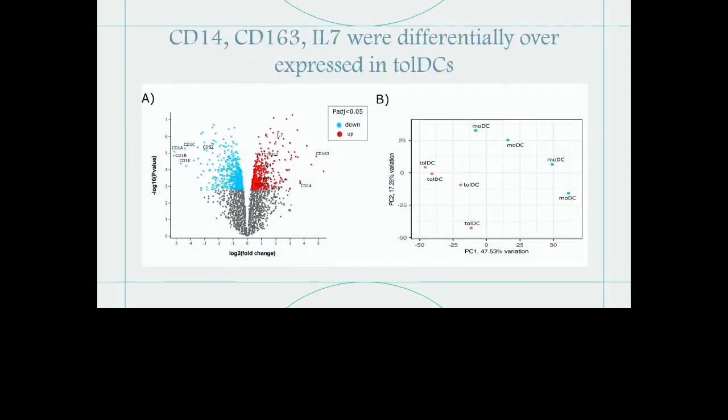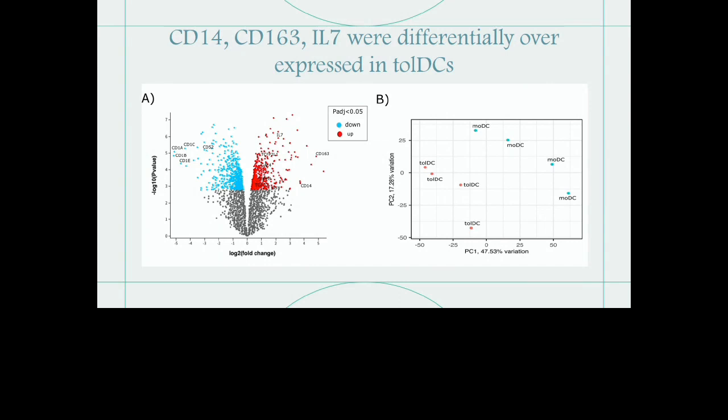The results of our microarray analysis were that we have several differentially expressed genes in the tolerogenic dendritic cells, such as interleukin-10 and also CD14, a marker from the monocyte, the predecessor cell. We also have some underexpressed genes in the tolerogenic dendritic cells that correspond to the maturation markers of the dendritic cell, so this is perfectly good.